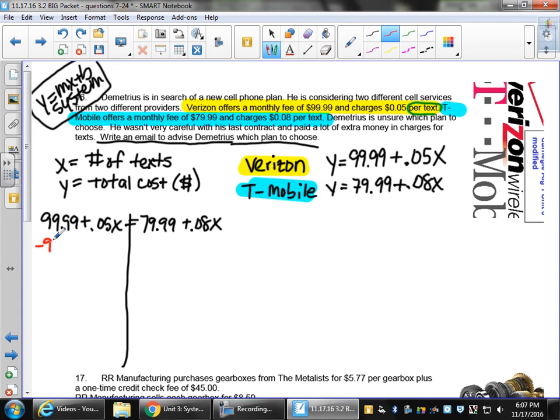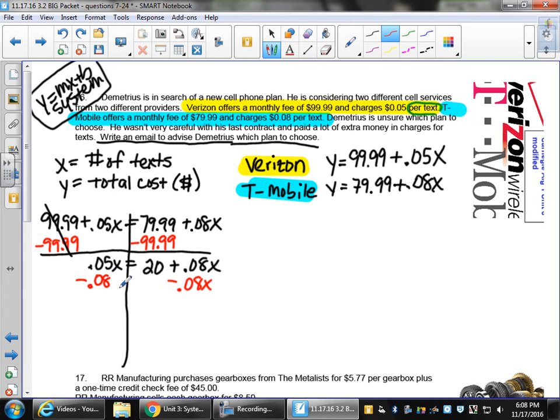I choose to subtract $99.99 from both sides first. $0.05x is still here. $79.99 minus $99.99 is negative 20. The plus 0.08x is still here. Next, I will subtract 0.08x from both sides. That's now gone. 0.05x minus 0.08x, negative 0.03x equals negative 20.